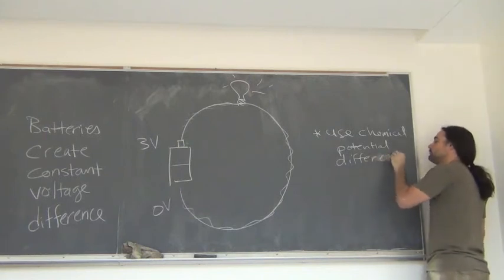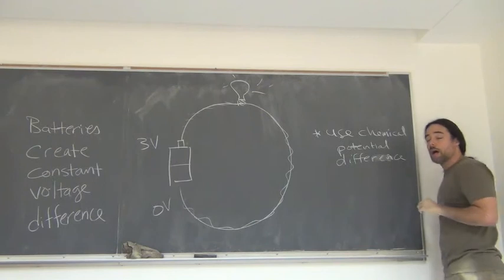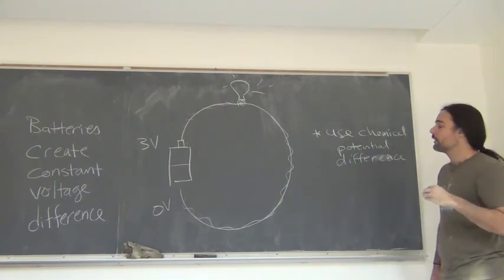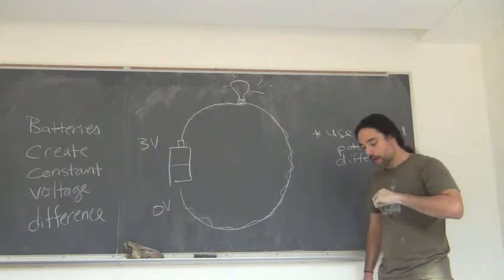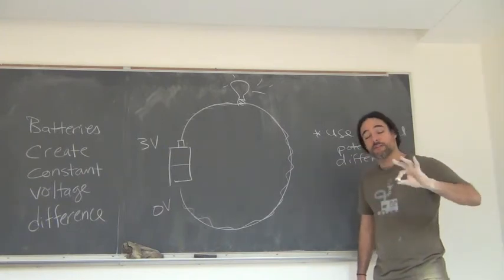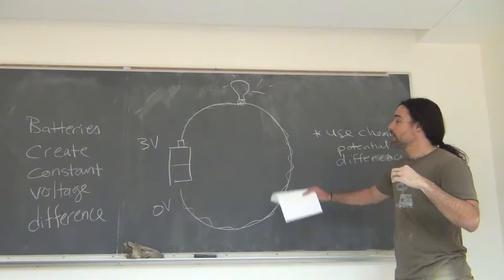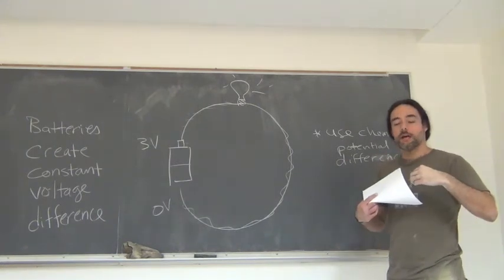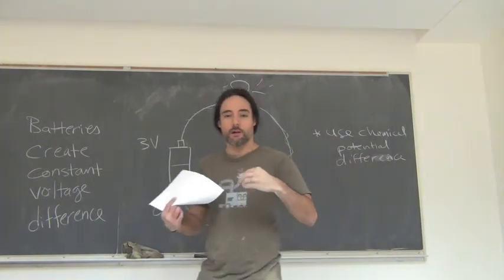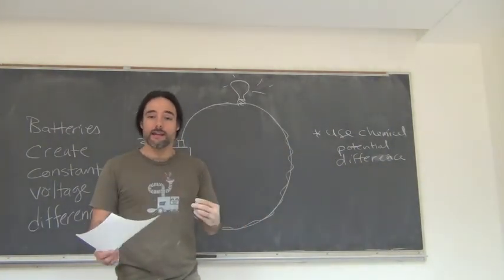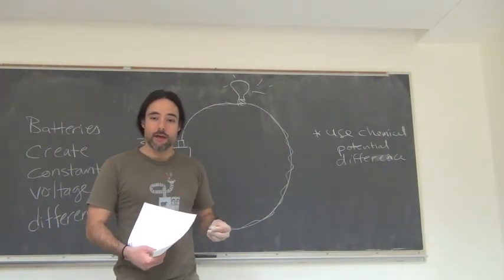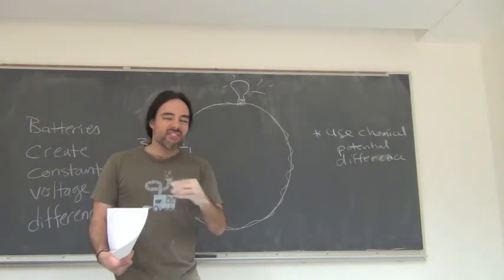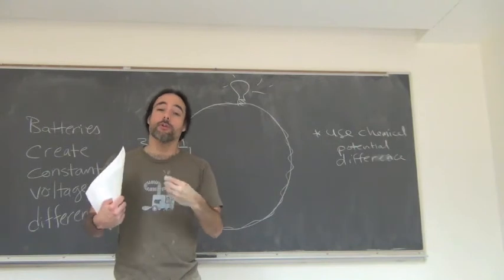Something that I should emphasize is that nothing is getting charged up here. Batteries, this is a bad part of our lexicon. In common everyday speech, your cell phone battery dies, you say, oh, I've got to charge my cell phone. With batteries, nothing is getting charged up. You're not building up any charge.